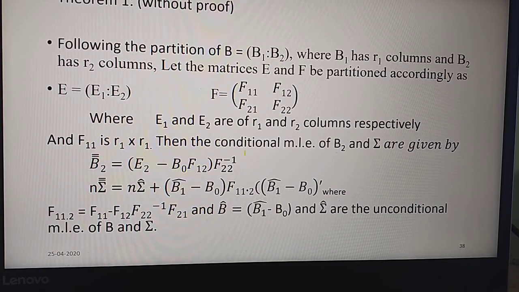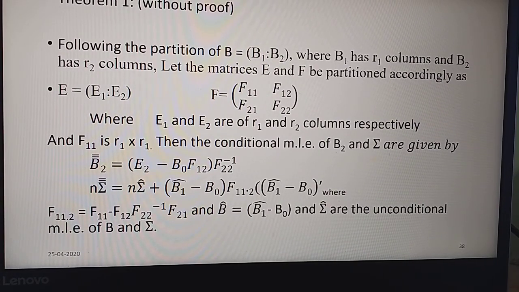Then the conditional MLEs of B2 and sigma are given by B2 double cap. Conditional here means under the hypothesis.